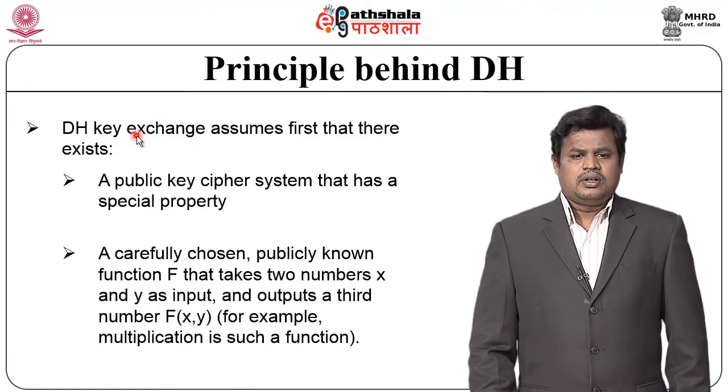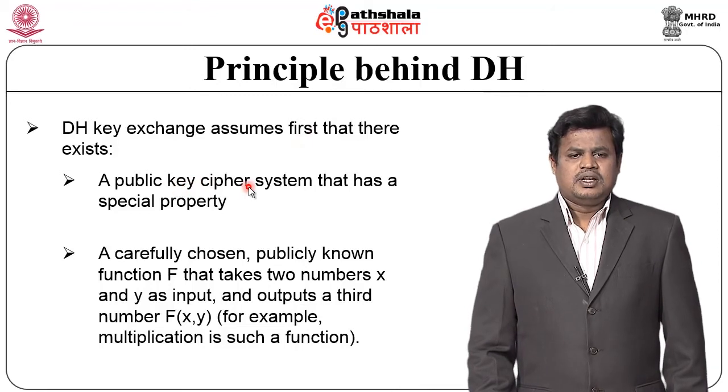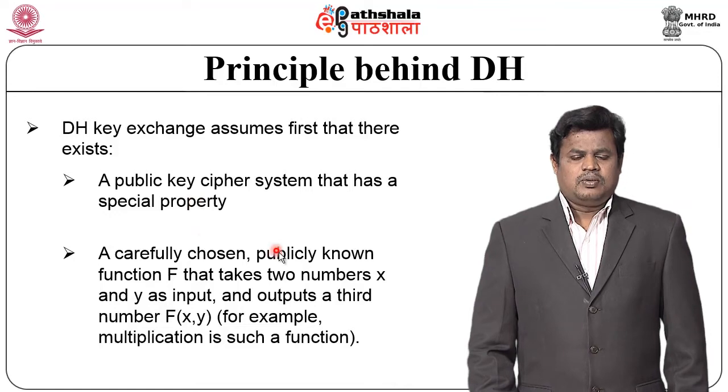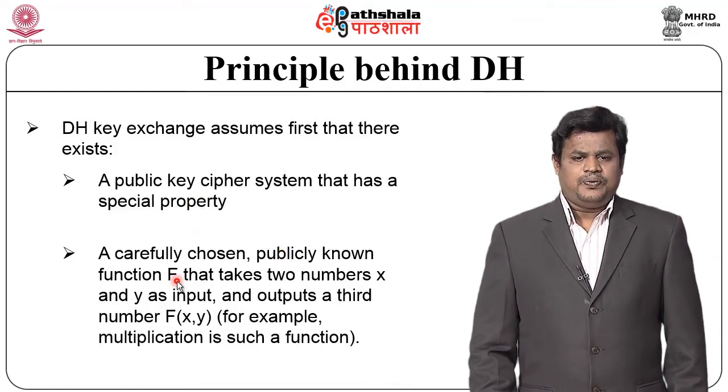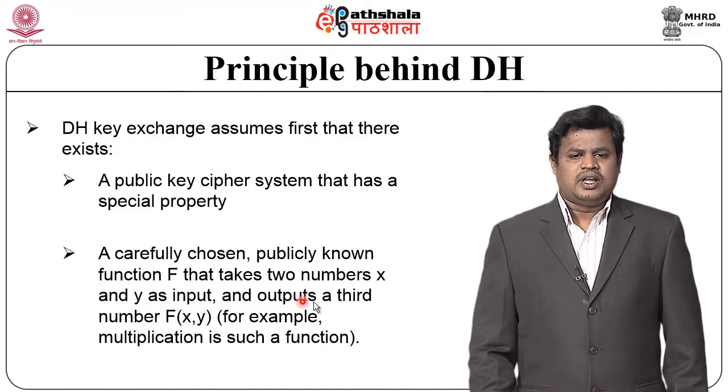Here is the assumption they made before proceeding with their procedure. First, a public key cipher system that has a special property. That means the function f is publicly known, and it takes two numbers x and y as input and gives a third number as output, similar to multiplication.